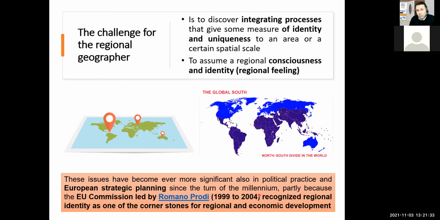Regional geography is also about understanding regional consciousness, this regional identity, this feeling of belonging to a certain region, which helps the definition of regional geography. The challenge is to understand who is behind this consciousness, this region-building process.